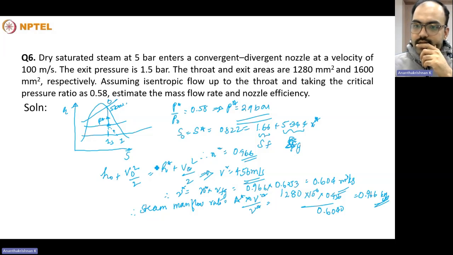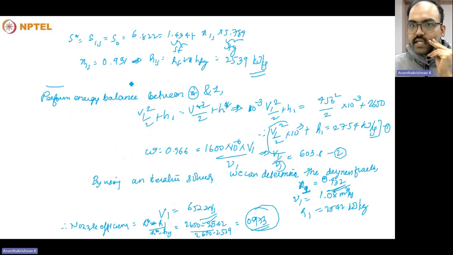So for that, we used a steady flow energy equation between the point 0 and star to get the velocity and dryness fraction. The dryness fraction is something that we obtained from the entropy balancing, and using that we determined the mass flow rate of the steam.